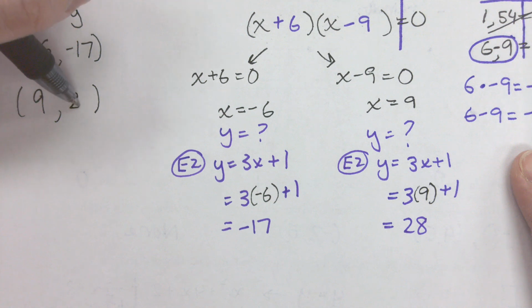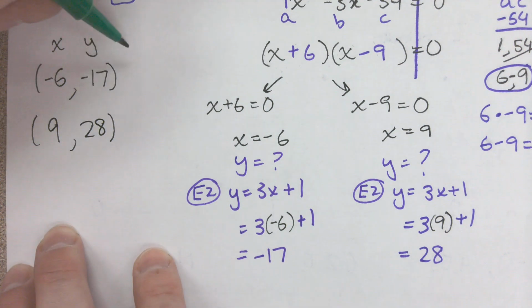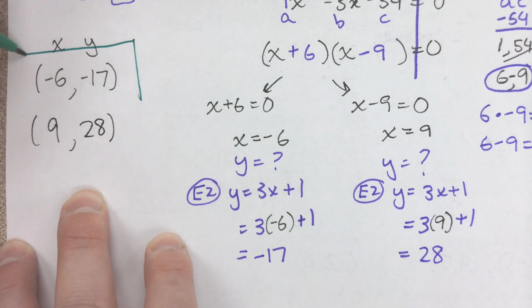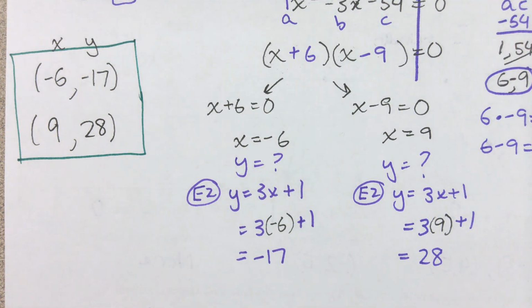So our y value is 28. These are the correct two answers. Questions on the process? Once again, just for good measure, I'm going to show you on Desmos what that will look like.